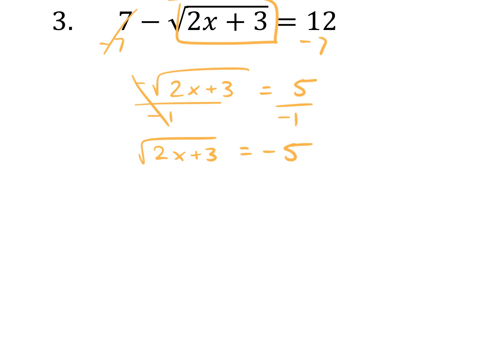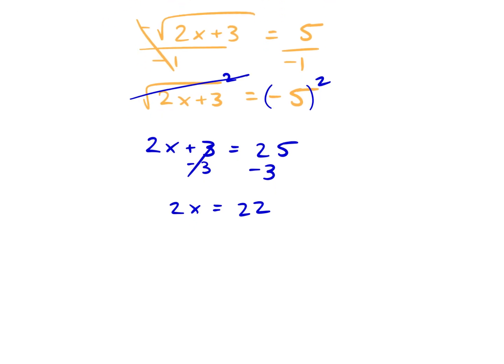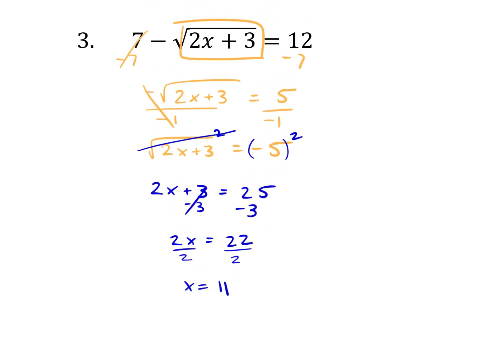Next, square both sides, so the square and the square root cancel. 2x plus 3 equals 25. Subtract 3: 2x equals 22. Then divide by 2. So x equals 11.